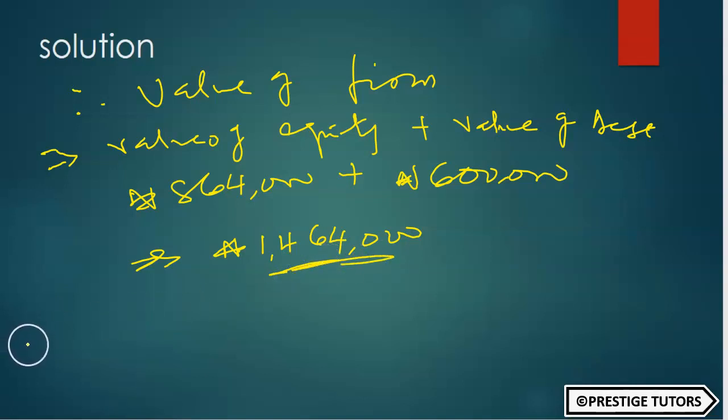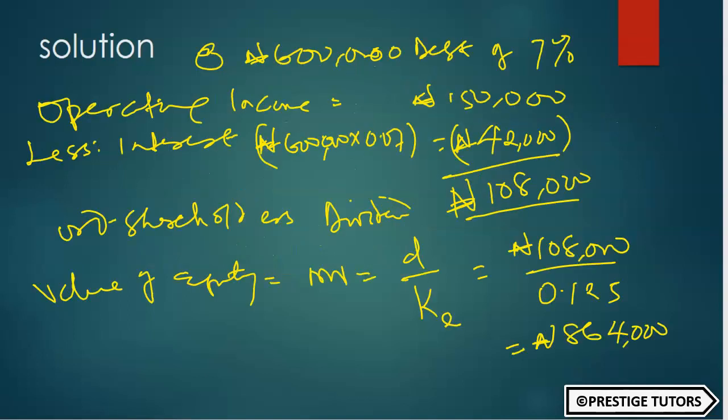Can you see now? That means the more you borrow, the more return the equity shareholders will ask for. Don't forget the cost of equity is higher than the cost of debt. But what about the effect on the value of firm? The value of firm moved from 1.5 million to 1.4, and the value of equity dropped from 1.2 million to 864,000.